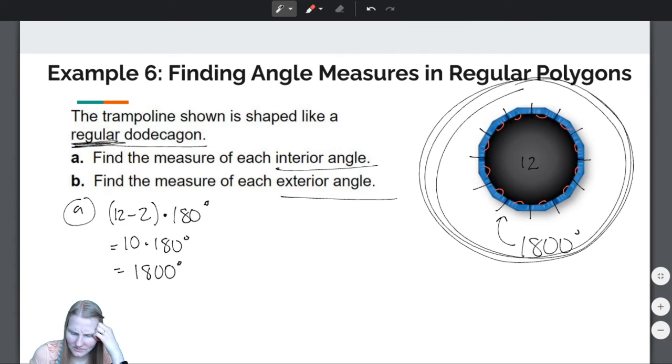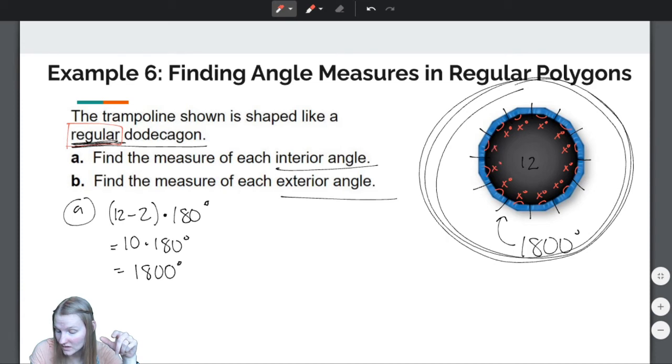Now, how am I supposed to find the measure of each one of these angles? Well, wait a minute. If this shape is regular, it means that all the angles are the same. So we can think of all of these angles as being x degrees, because they're all the exact same. That's what it means to be regular.